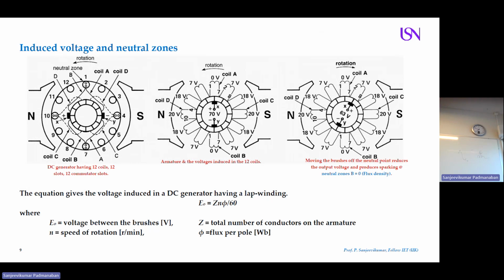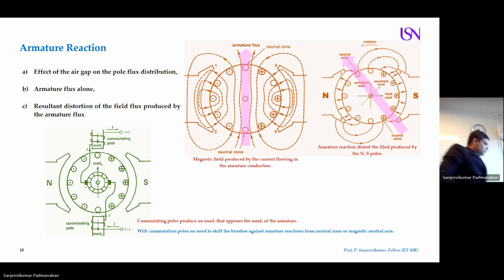So you can easily calculate what your induced EMF is at each instant. Any doubt? Just keeping the formula is enough. From your examination point of view, this is important. Any doubt? Can I go to the next slide? Any questions? Any questions?